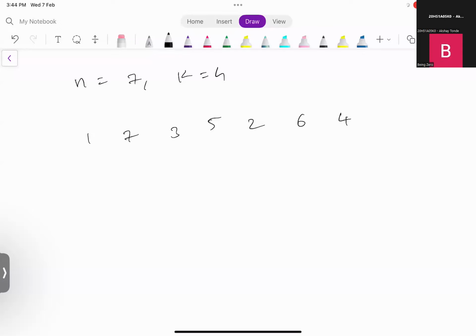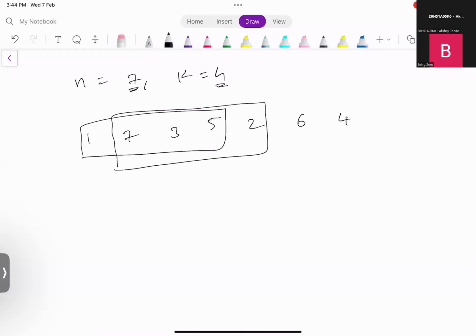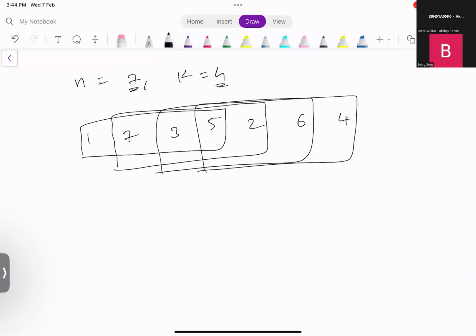So to understand the question, let's take a sample case and see what the answer is. If n is 7 and k is 4, basically the first subarray of size 4 is this, the second subarray of size 4 is this, the third one is this, the fourth one is this, right? What's the sum of the first four elements?